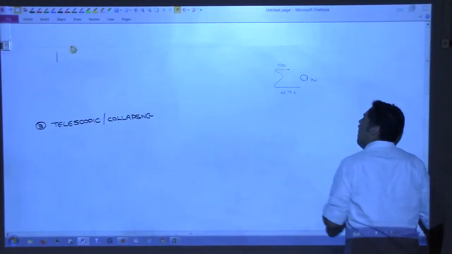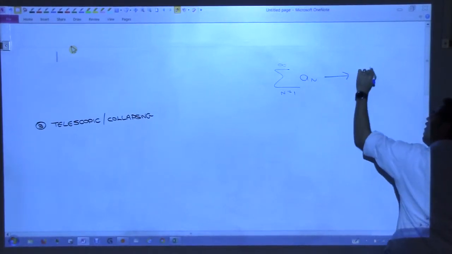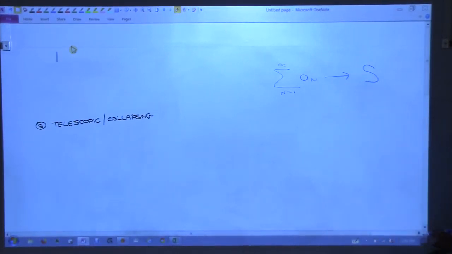Before I do telescopic, I want to remind you of one thing. When we say that we have an infinite series, and we say that this will converge, remember, the arrow means converge, that it converges to some sum s.